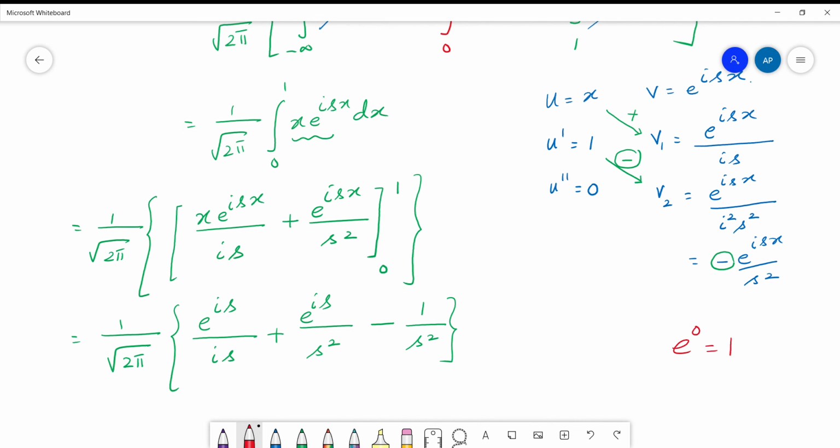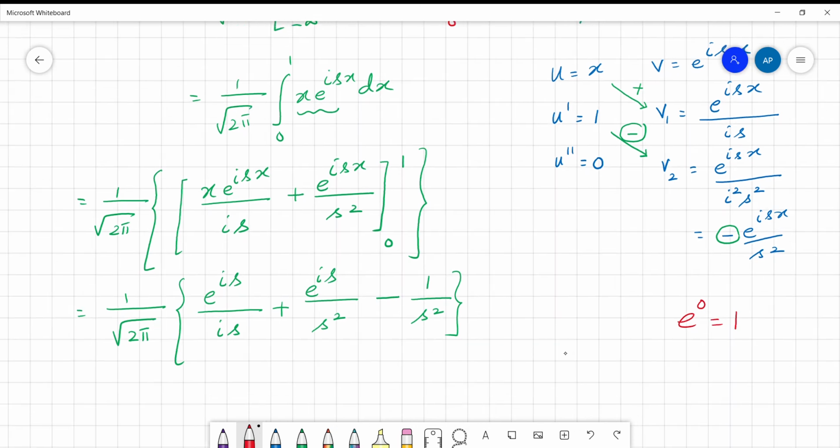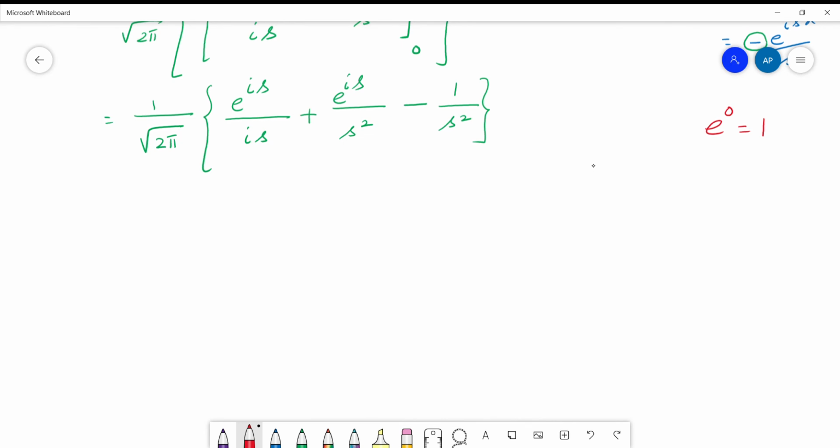Now I can leave the answer as it is, or as I said, we don't want i in the denominator. We could also take an LCM as s square. So let me write the Fourier transform of f of x as 1 by s square into root 2 pi. I have taken out s square as the LCM. I would write this term first, so it will be e power is. Then this term 1 by i, as I told a few minutes back, is minus i.